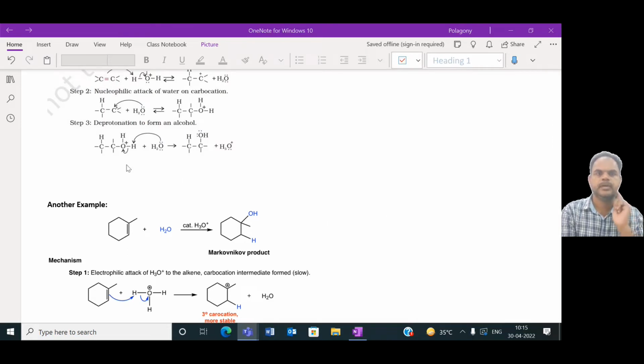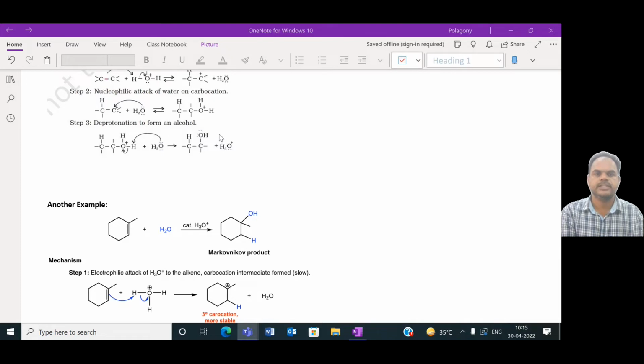Let us see step 2 again: the nucleophilic attack of water on the carbocation. The water molecule acts as a nucleophile, and since it has two lone pairs of electrons, one lone pair is given to the carbocation. Then a positive charge forms on this oxygen.